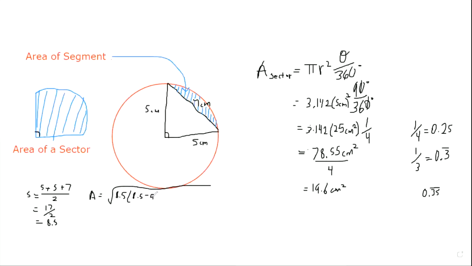So the 5. Again, we're going to do it again here, 8.5 minus 5. Just put more on top of that. And finally, 8.5 minus 7, right? Okay, so there we go.